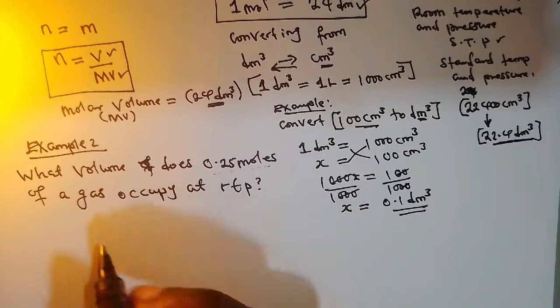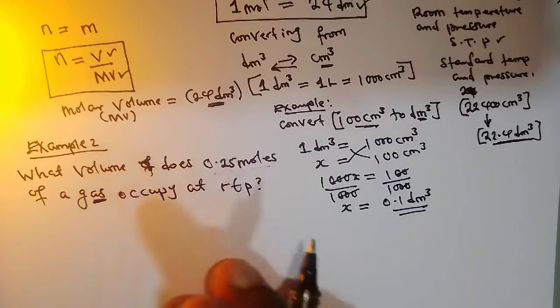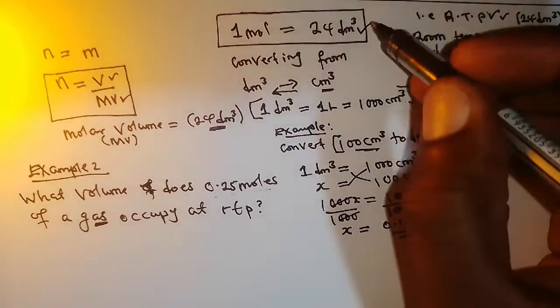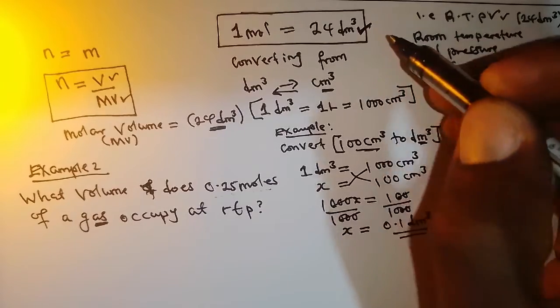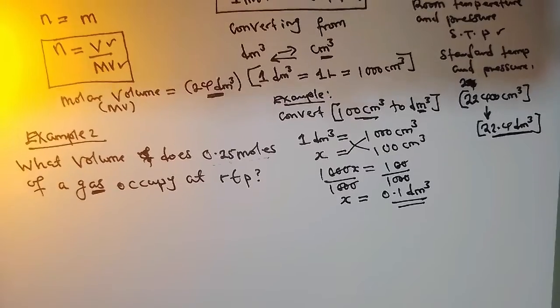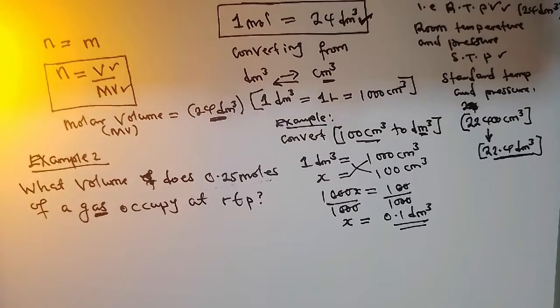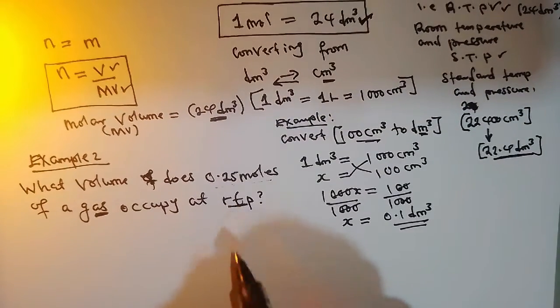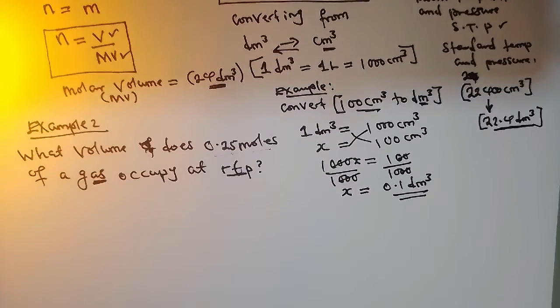Now, as long as you're given the gas, then you have to go back to this point. So 1 mole of this is going to occupy a volume of 24 cubic decimeters at RTP. So what information do you need?